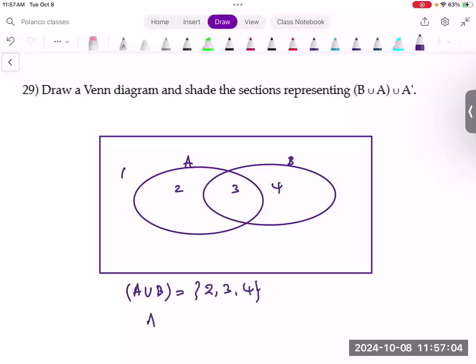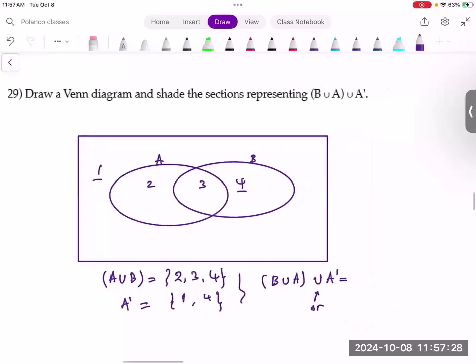Now the A prime, what's the A prime here? 1 and 4, very good. 1 and 4, that's A prime, 1 and 4 only, right? And what you are looking for is B union A prime. So what's the meaning of union? Or, right? The or means if you see it, you take it.